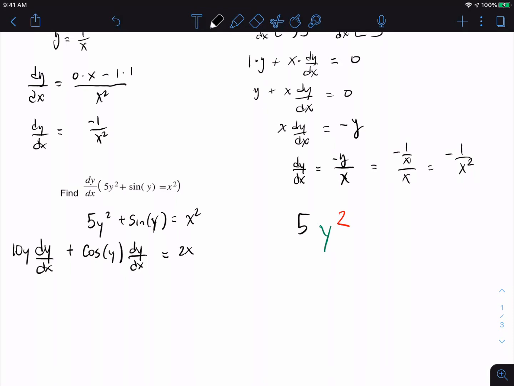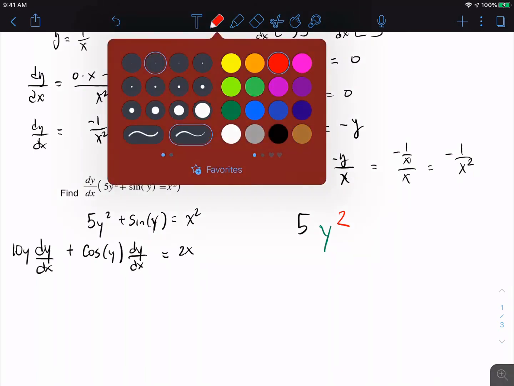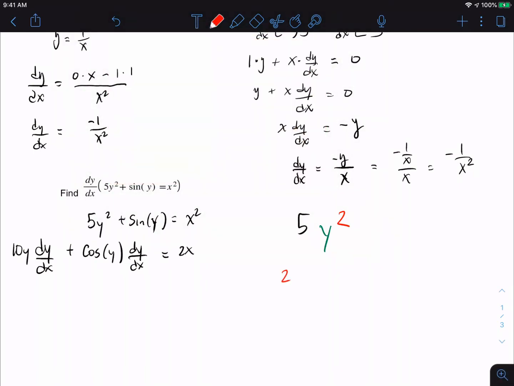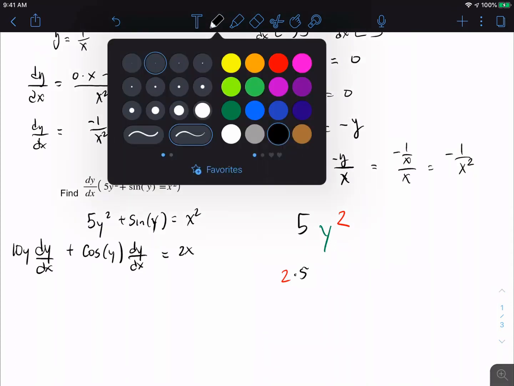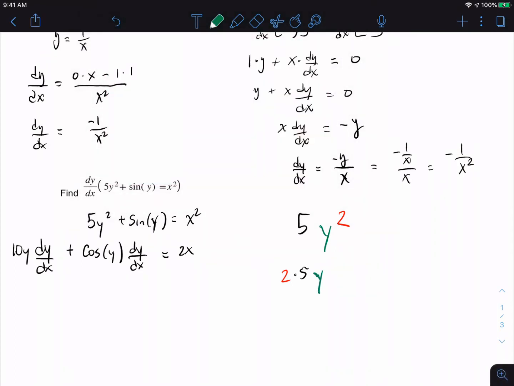I take the derivative of the square, so I'm going to get 2 times 5. Then I have my y, and that's going to go to the first power, correct? But have I taken the derivative of the inside function, the y? No, I need to now, so I multiply by dy dx.